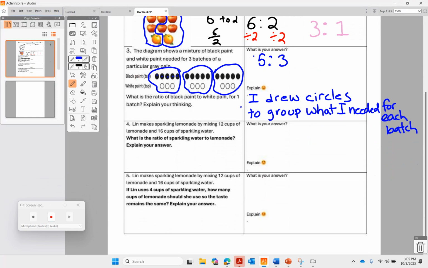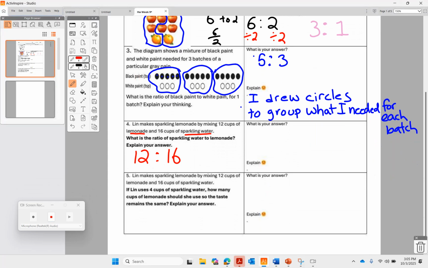I'm going to change the color. It's one of the things I like about doing it on the board. Lynn makes sparkling lemonade by mixing 12 cups of lemonade. So I always like to just say 12 cups of lemonade to 16 cups of sparkling water. Okay, so there's more water than lemonade. What is the ratio of sparkling water to lemonade?